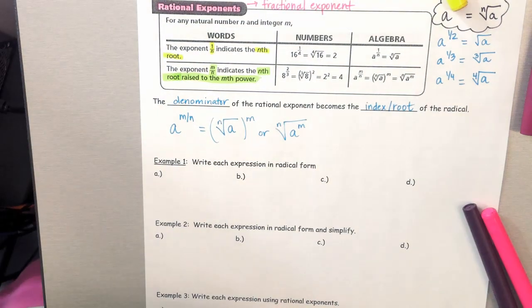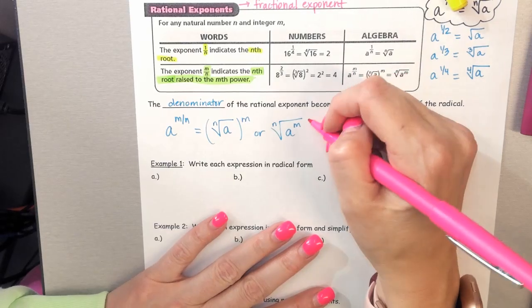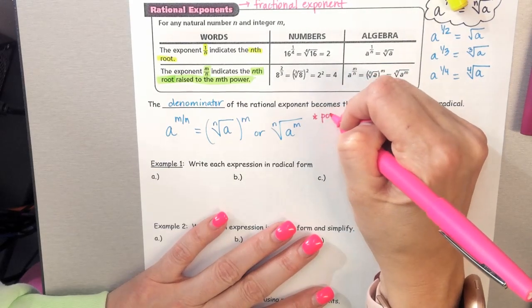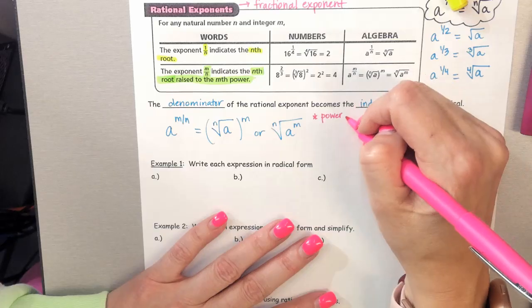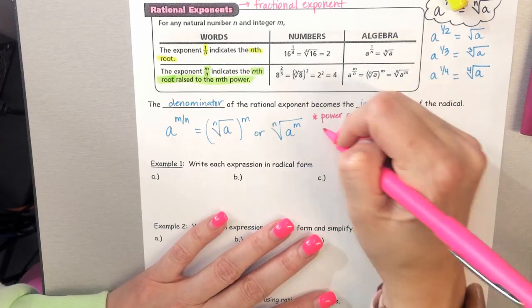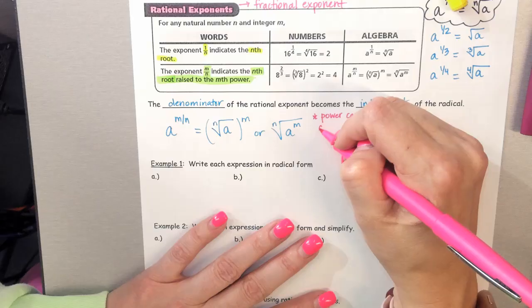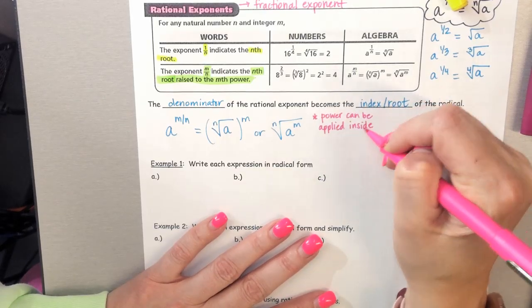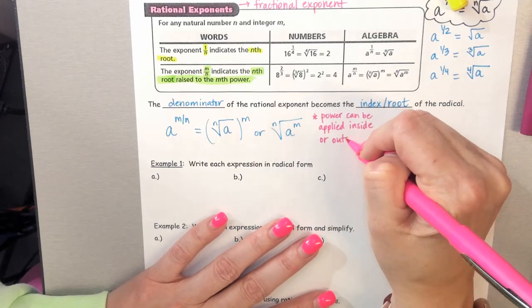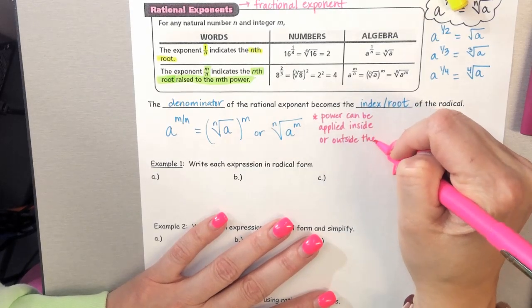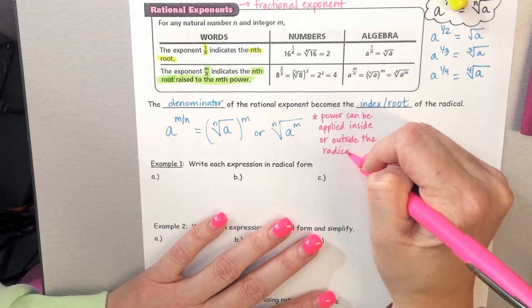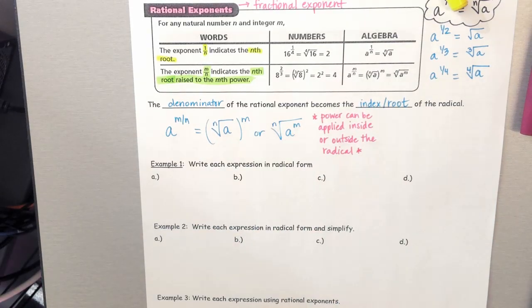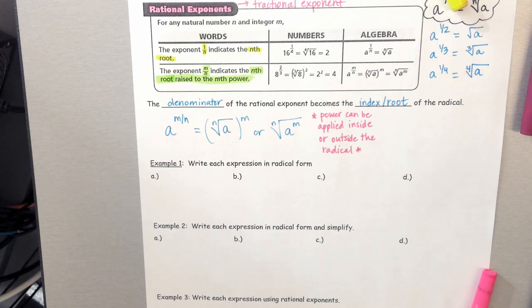Okay, so both of those are going to be acceptable cases. Okay, so power can be applied inside or outside the radical.